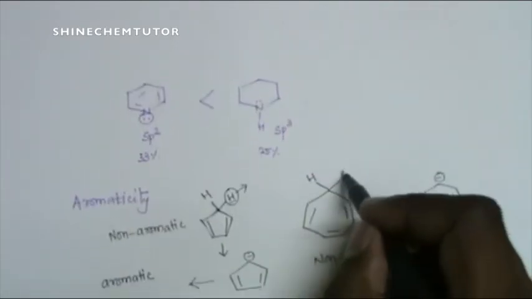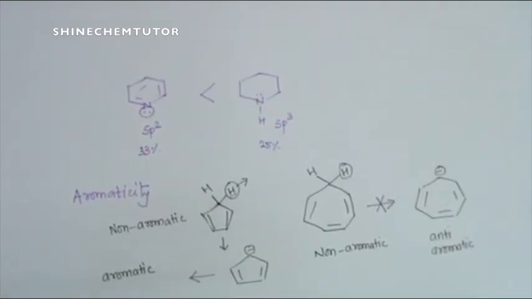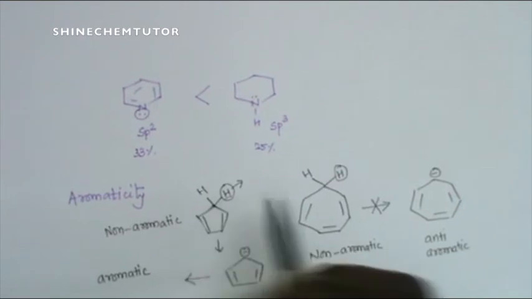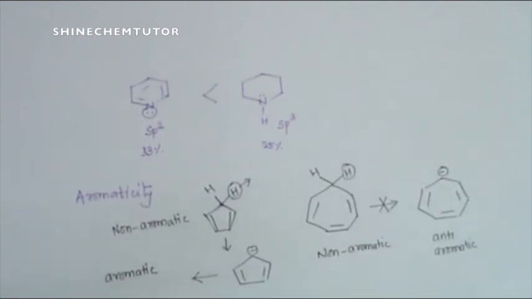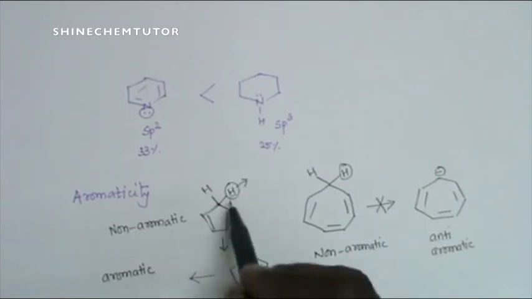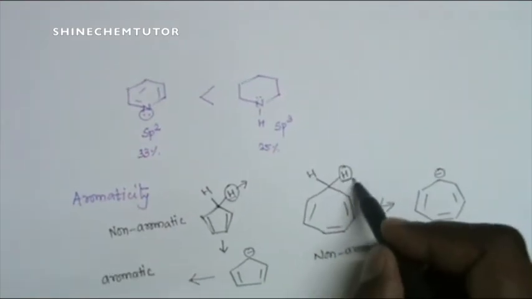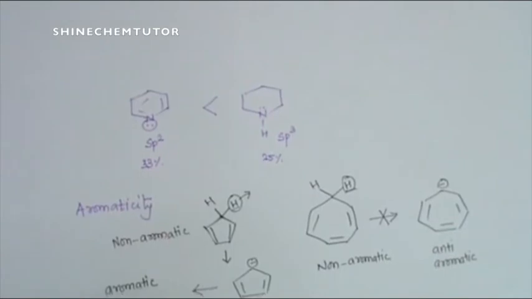So this hydrogen cannot be easily removed. This can be easily removed. This cannot be removed easily, even though both are similar. The hydrogens are attached to two double bonds. Here also the same. But because of the aromatic property, this hydrogen is less acidic.